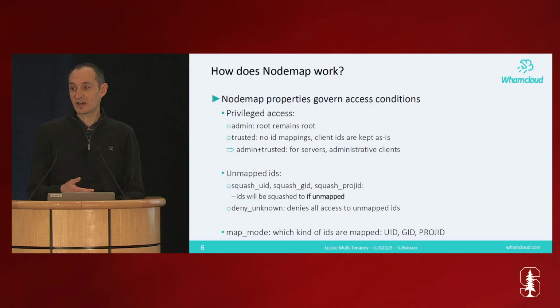And it will deny access every time this ID tries to access the files on Lustre. You also have the map_mode property. So it's very interesting, this property, because with that you can decide to only map some kinds of IDs and not the others. So for instance, you can decide to only map the GIDs and keep the UIDs and project IDs as they are.